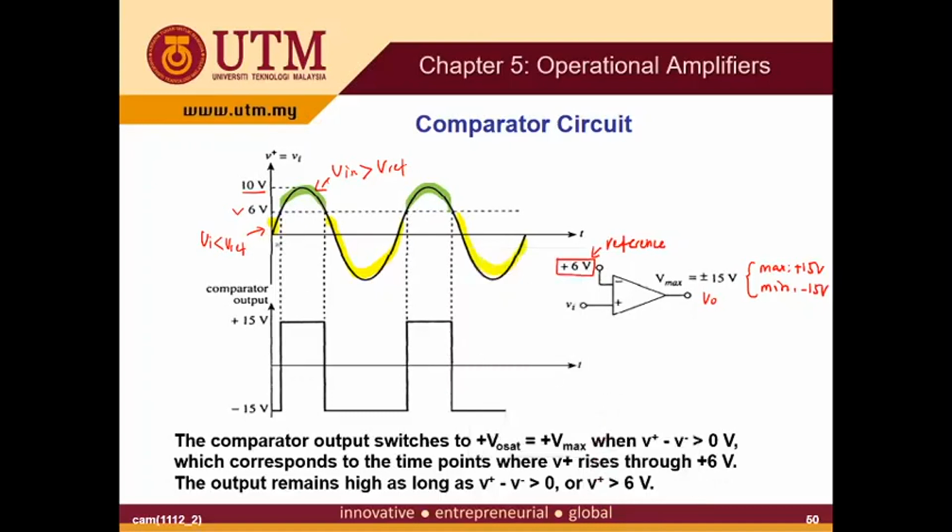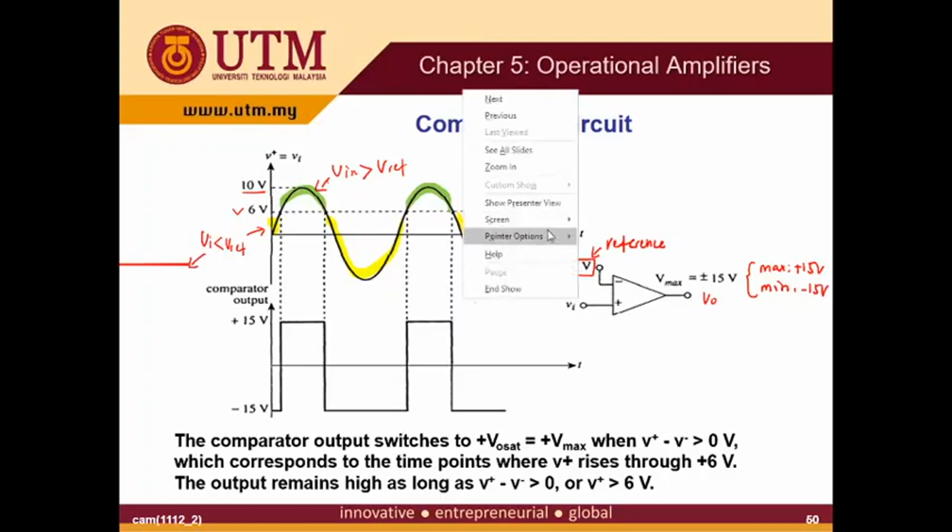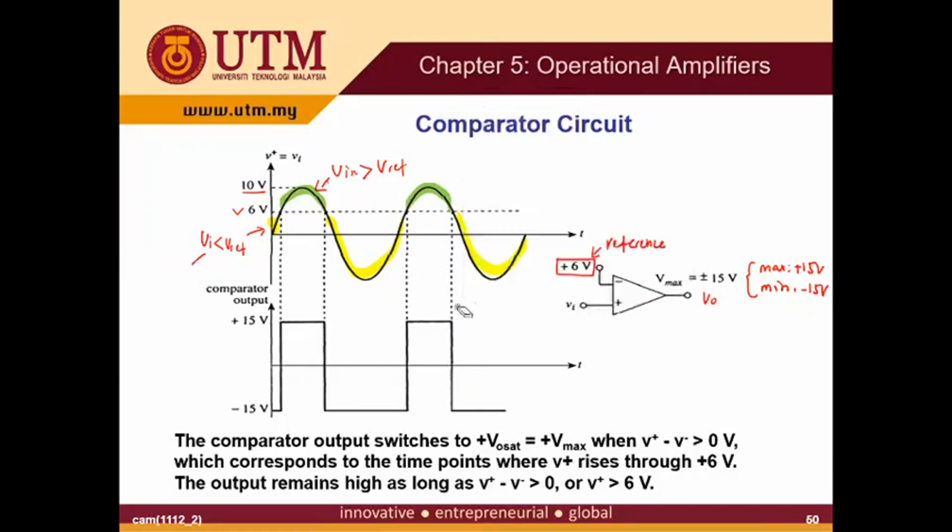You can draw the output voltage. When V in is lower than V reference, this means that V in here is V positive, and V positive is lower than V reference, which is V negative.